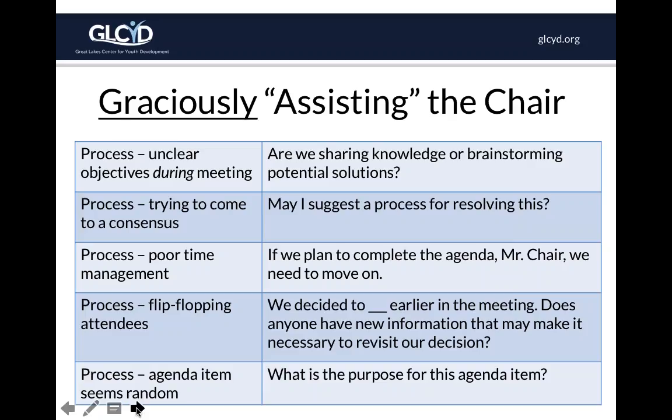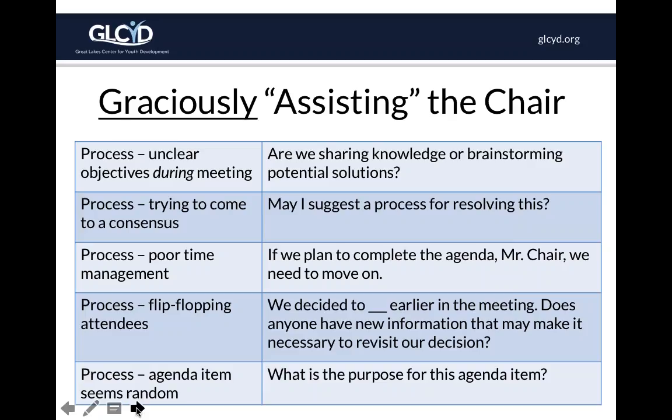And then if the agenda item seems random, let's say you're having a meeting about planning a fundraising event, and then on the agenda, it's also talking about your fall appeal letter. And it's like, you know what, we're here for this one thing. We're here for planning the event.